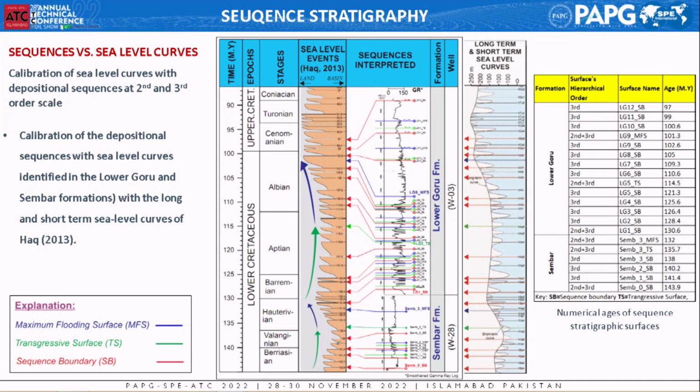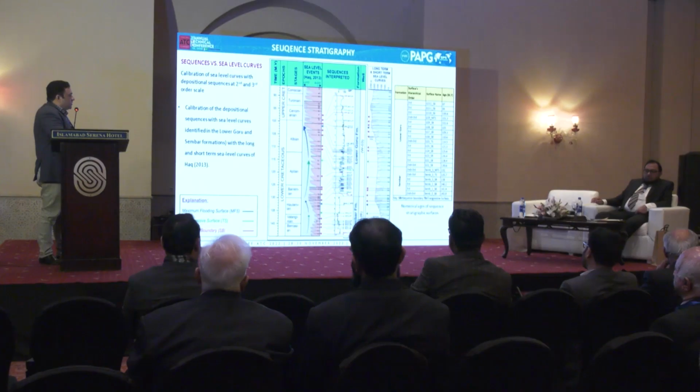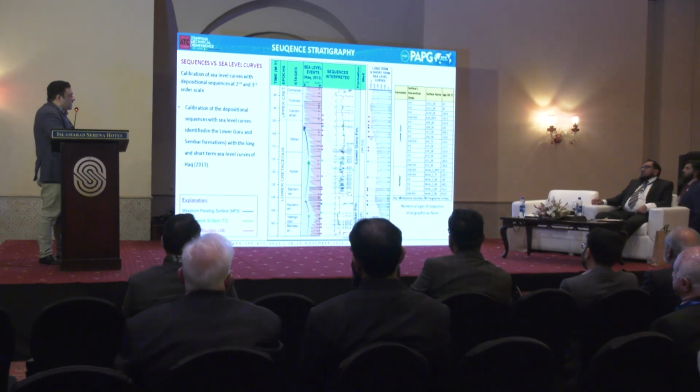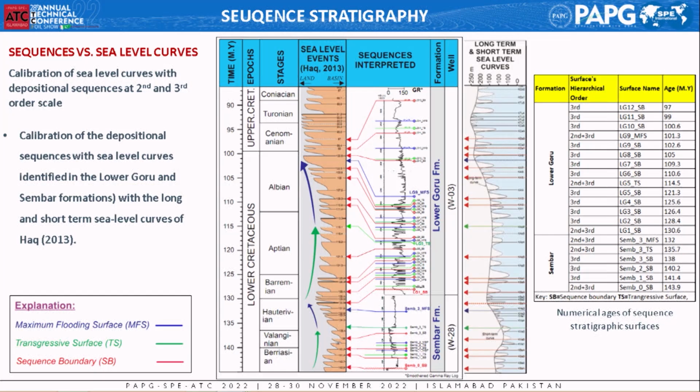Here you can see this is the Lower Guru formation in well number 3, and here is the Sambar formation in well number 28. So the Sambar formation has a complete second order sequence from Sambar 0 sequence boundary to LG 1 sequence boundary, and this second order sequence was overprinted by 4 third order further sequences.